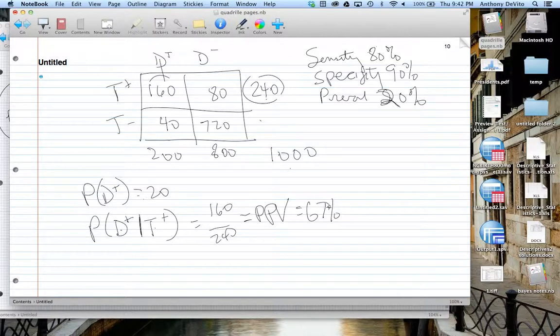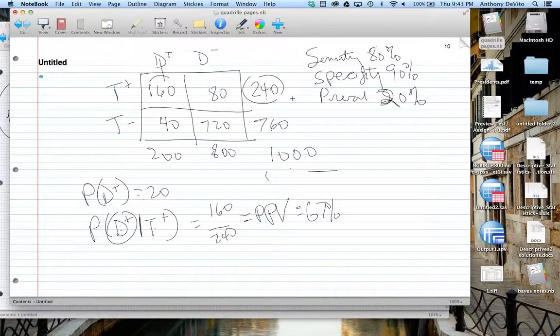So 67% of the time, you have the disease if you tested positive. 33% of the time, the test is wrong, and you don't have the disease. That's our positive predictive value. That is a conditional probability, right? It's the probability you have the disease given that you test positive. It completely ignores the 760 people that don't have the disease. They're not even part of this consideration.